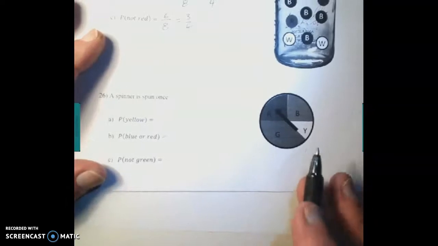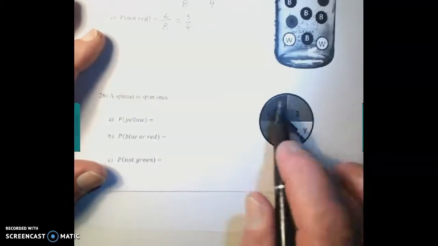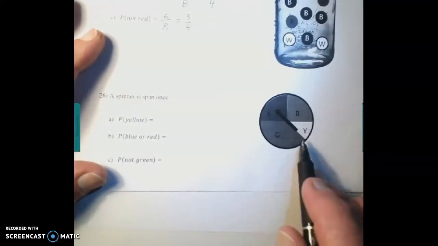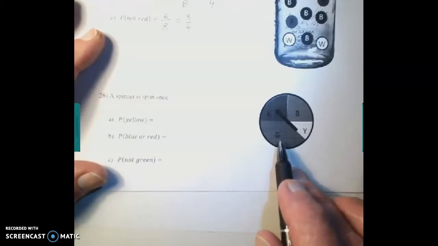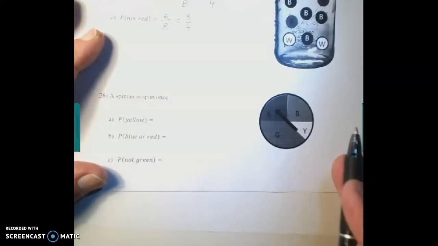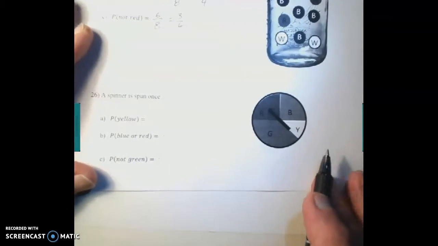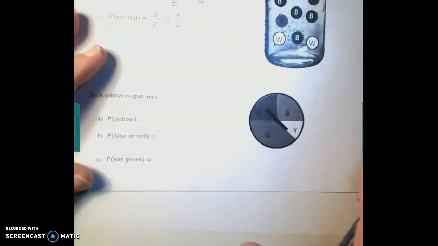Even though you might think that you could guess what part of the circle, what part of this spinner is set aside for yellow and which part is set aside for green, the normal rule in math is don't trust a drawing.